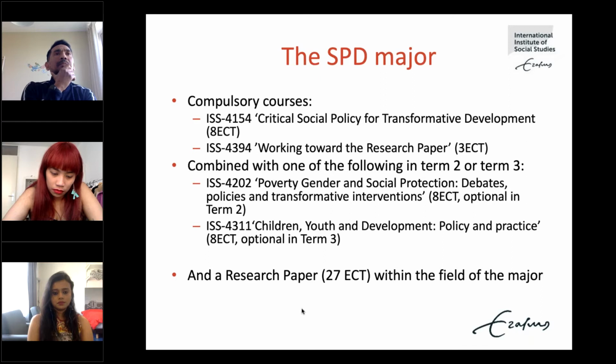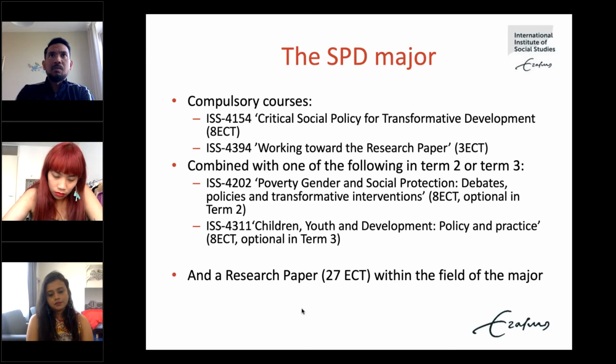That course is 8 credits. We also have a mini course about working toward the research paper. It's only 3 credits, but it's designed to help students move along in their research paper process, to support the writing of that original master's thesis. It's combined with any of the following courses in term 2 or 3. One is the ISS course on poverty, gender, and social protection.